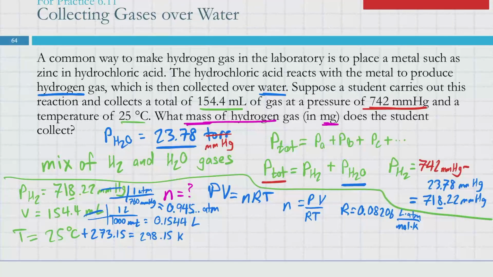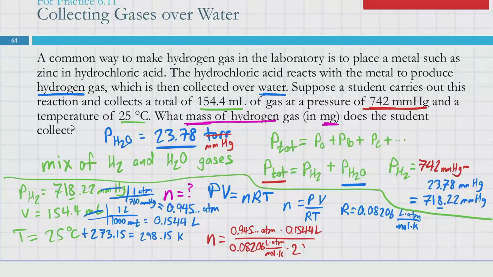Okay, so these are our new unit values for pressure, volume, and temperature. So we can plug in to n equals PV over RT. We've got P and V on the top. We've got our R value with all of its units.